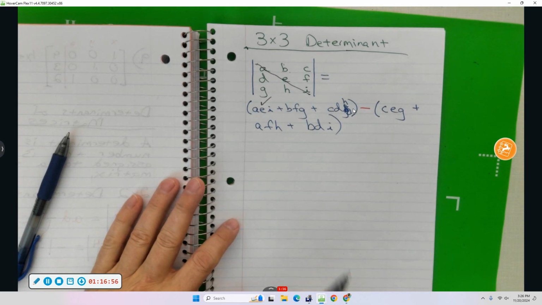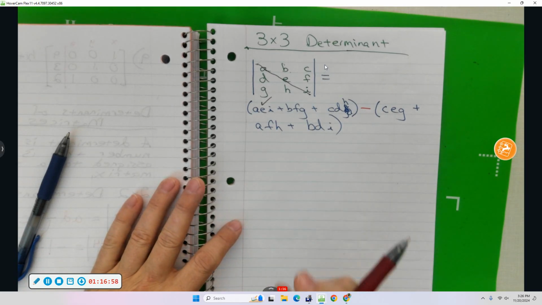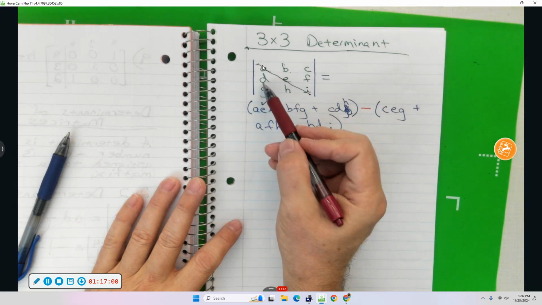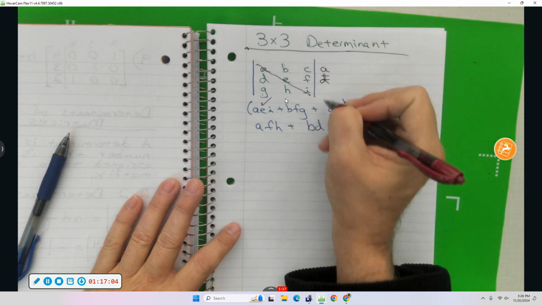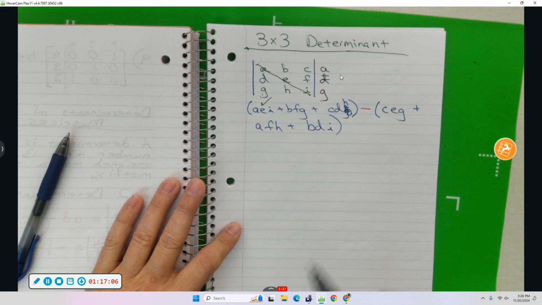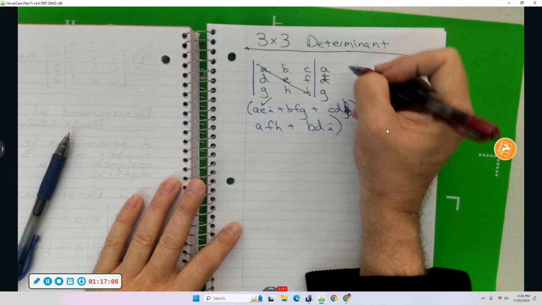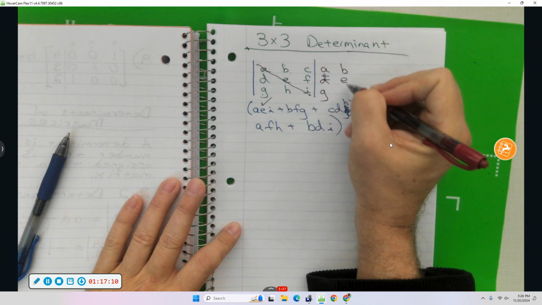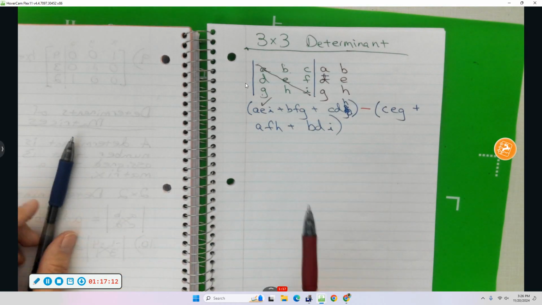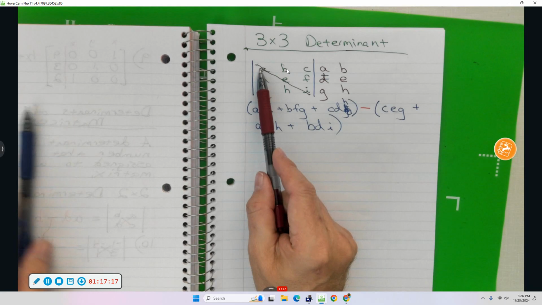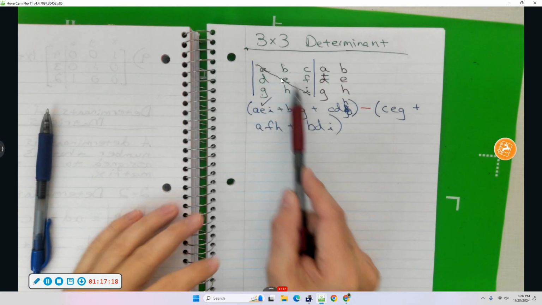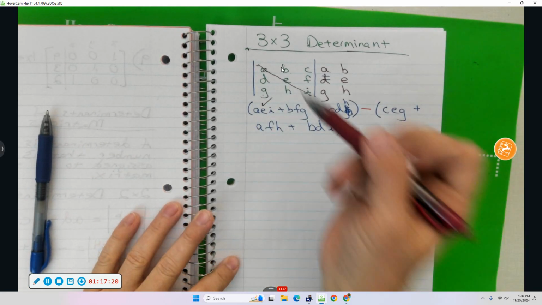Here's the trick. Recopy the first 2 columns, ADG and BEH. You have 3 diagonals falling from left to right. You always start at that first spot. A times E times I, then move across.